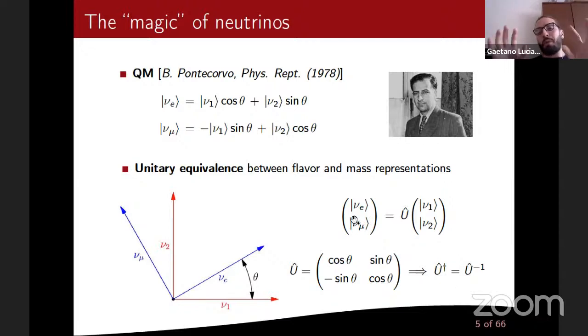If we have two representations connected by a unitary transformation, they are physically equivalent, because we can describe the physics in either basis. So in terms of probability, the physics is the same, and there is no conceptual issue in this quantum mechanical treatment.